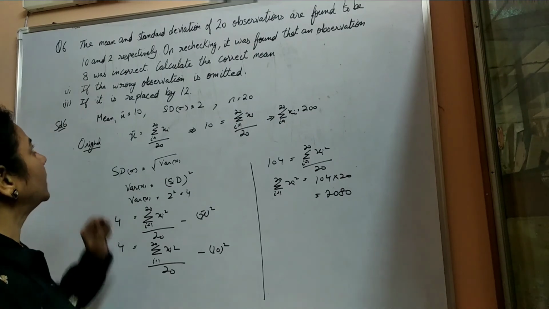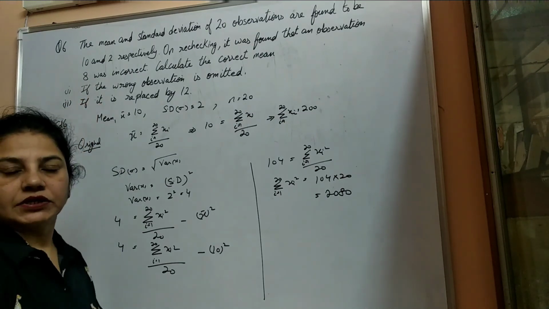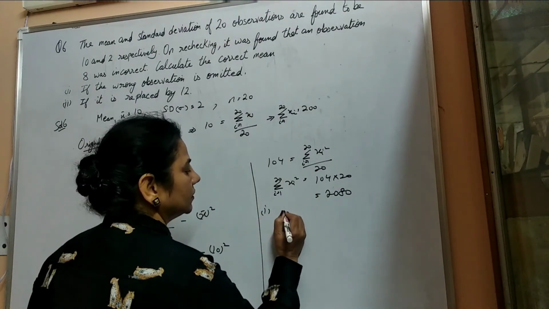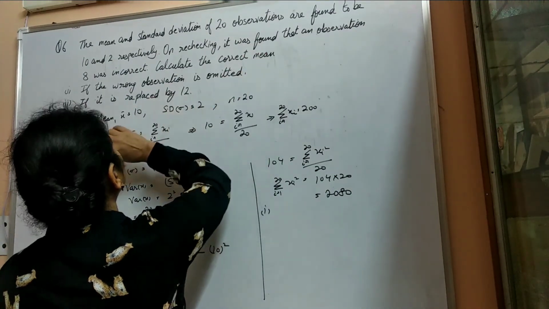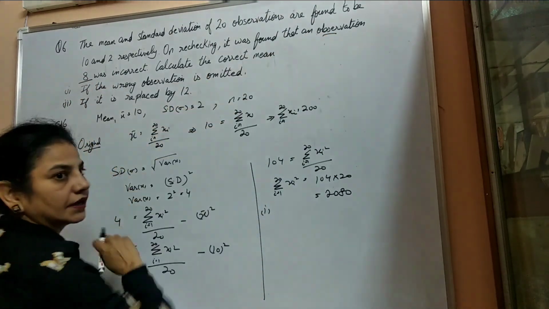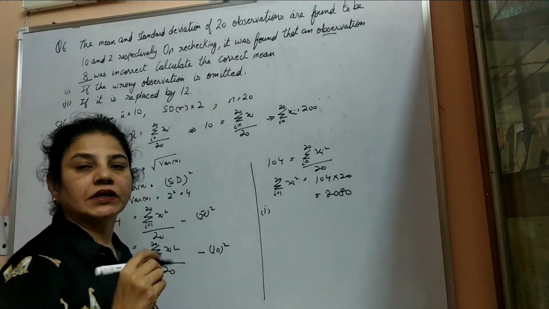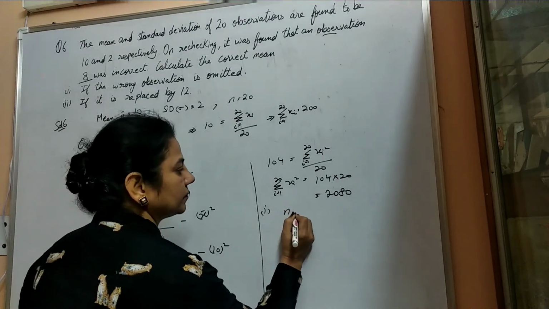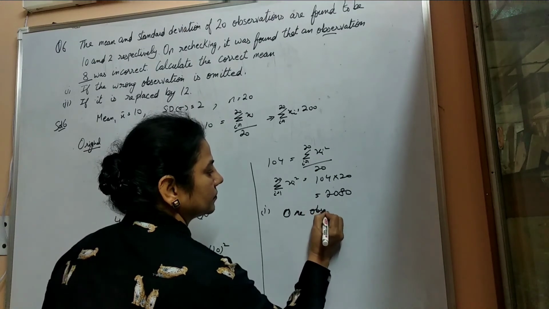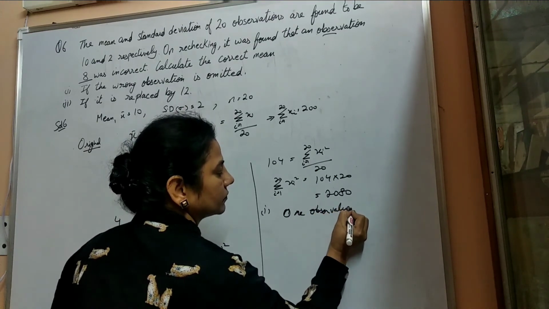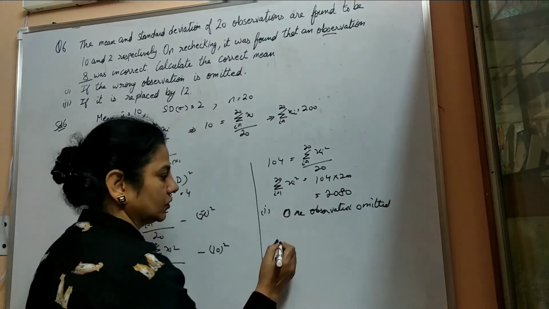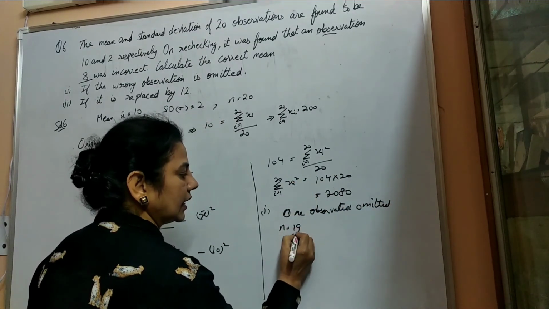Now we have to calculate if one wrong observation is omitted. That means observation 8, it's given to us that 8 is incorrect. So if one observation is omitted, the number of observations left is 19. First part we are solving. So n becomes 19.